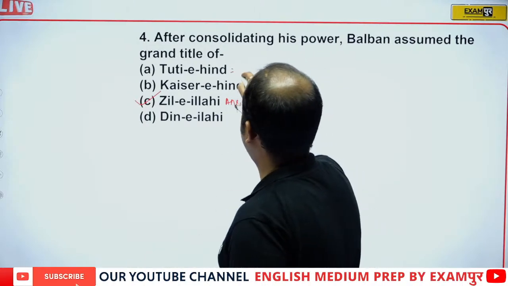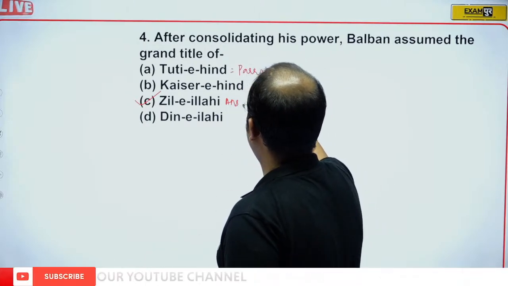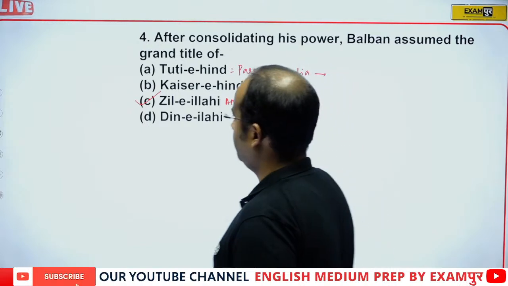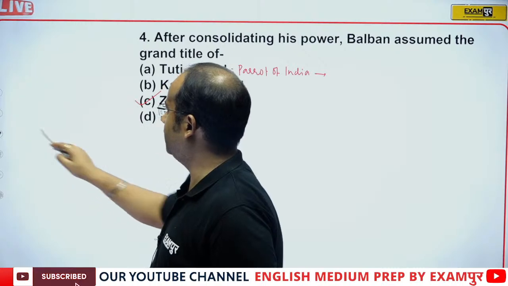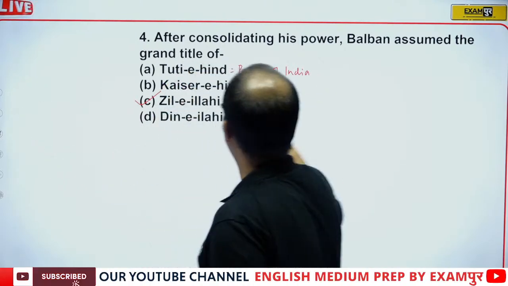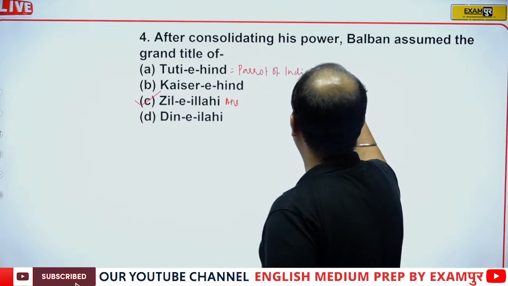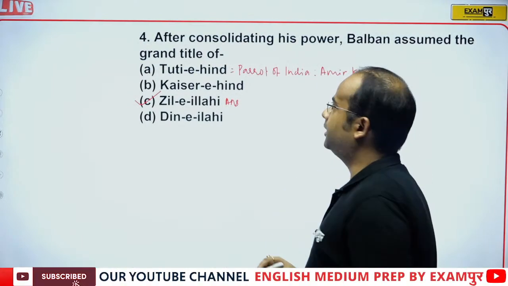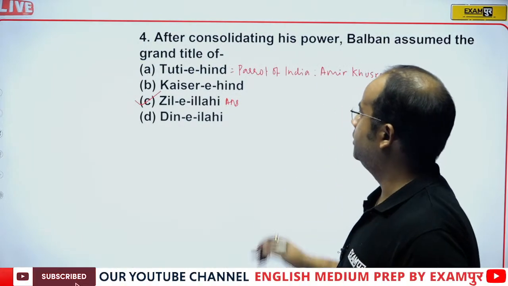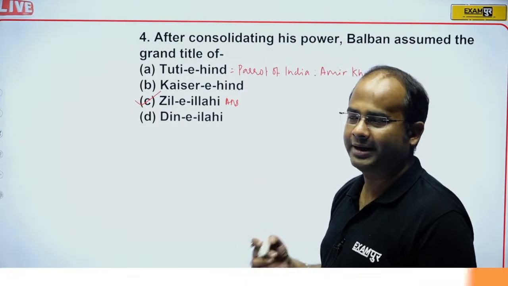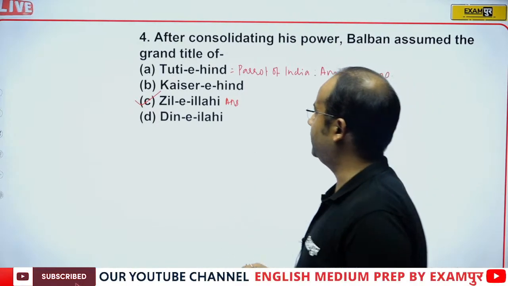Tutiye-Hind means parrot of India, and this was the title of Amir Khusro. This title was given to Amir Khusro by his mentor, Nizamuddin Aulia.